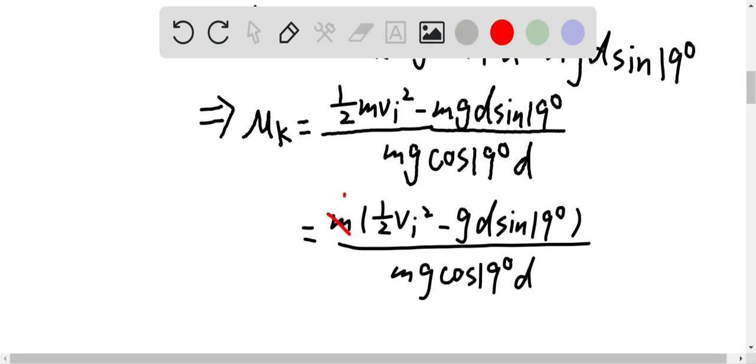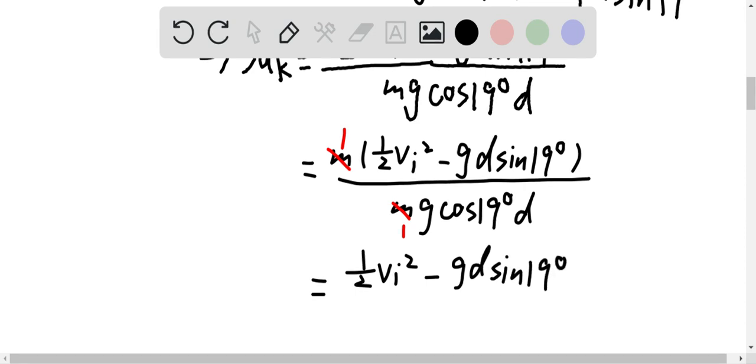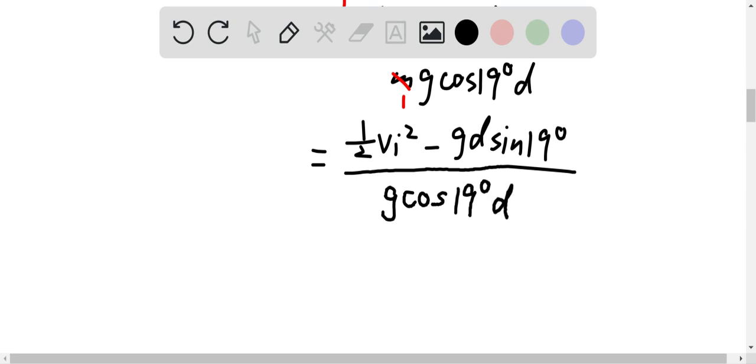The m and m will cancel out. This will give us mu k just equal to 1/2 vi squared minus gd sine 19 degrees over g cosine 19 degrees times d.